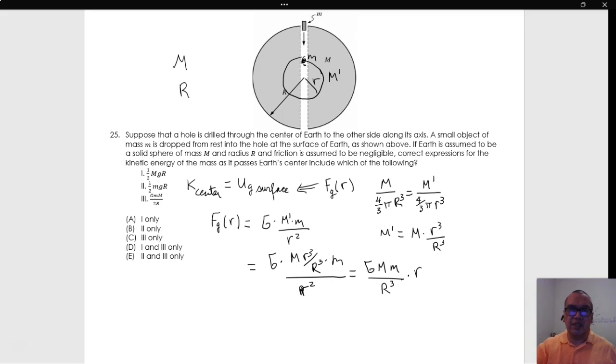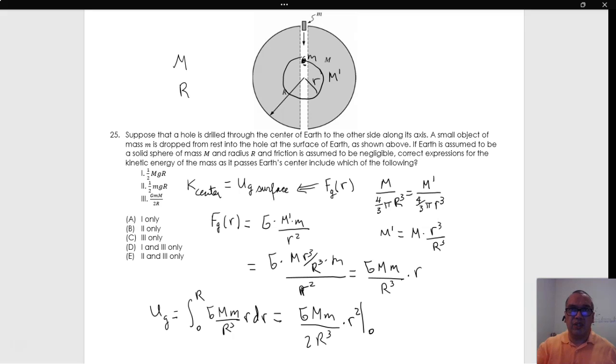When we integrate, we go from a radius of 0 to a maximum radius R of G M m over R cubed times r dr, and the result of the integration is G M m over 2R cubed times R squared.